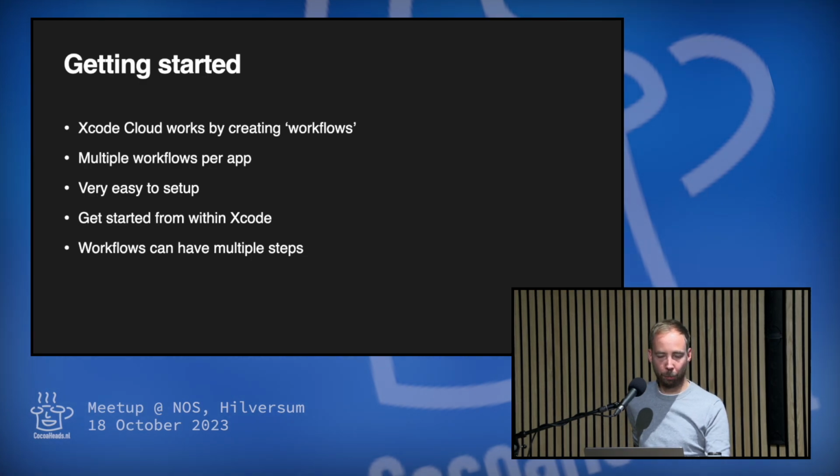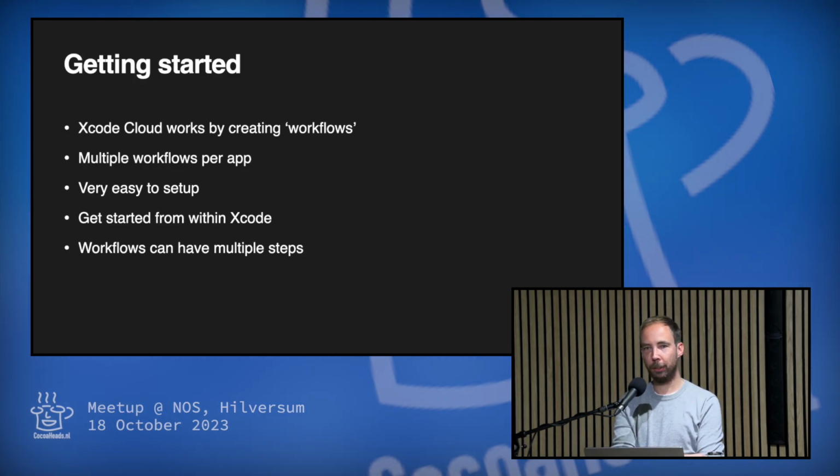Xcode Cloud works by creating workflows, and workflows you probably know as well from Bitrise. You can click each step into a fully automated system, and that works about the same with Xcode Cloud. You can also have multiple workflows per app. So we use one, for example, for PRs, and then another one to release. It's very easy to set up.